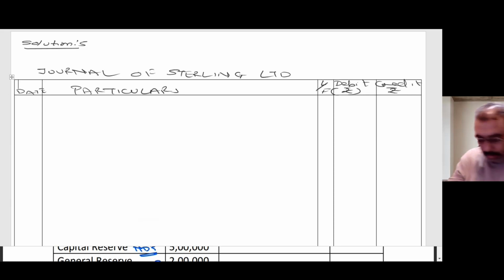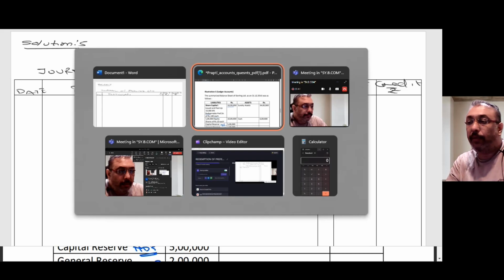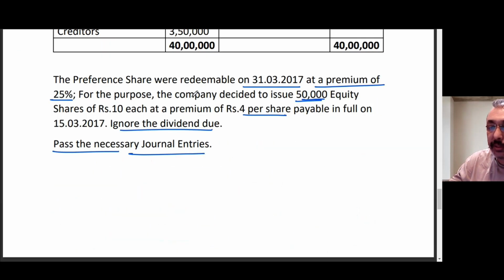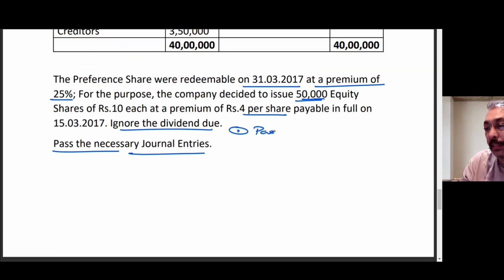Now, if we need to solve this question, we need to understand the steps. What steps would be applicable for the solution of this question? First step: partly paid up shares should be made fully paid up. Second, there should be sale of investment.